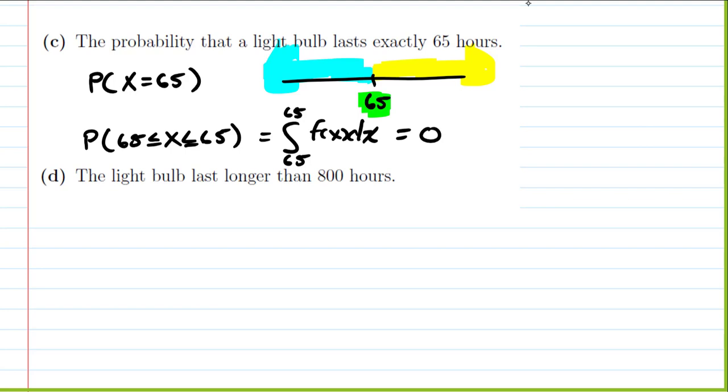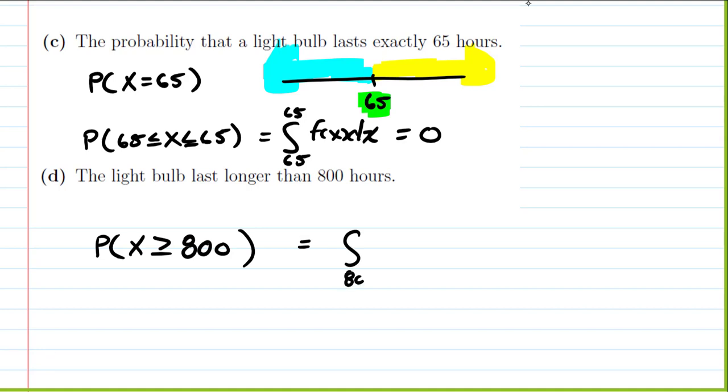All right. Lastly, what would be our integral for the light bulb lasts longer than 300 hours? Well, that's the probability that, or 800 hours. I said 300, but it's 800 hours. So that's the probability that x is greater than or equal to 800. Well, that would be the integral.